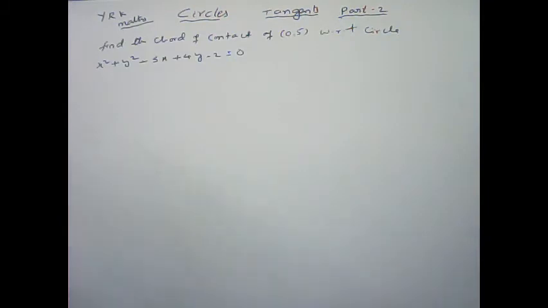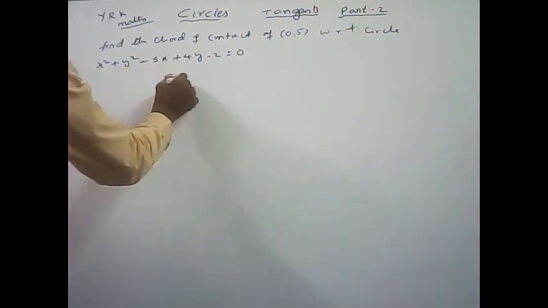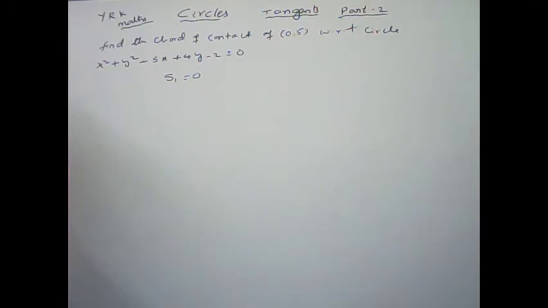So here, find the chord of contact of 0, 5 with respect to this circle. The equation of the chord of contact is S1 equals to 0.